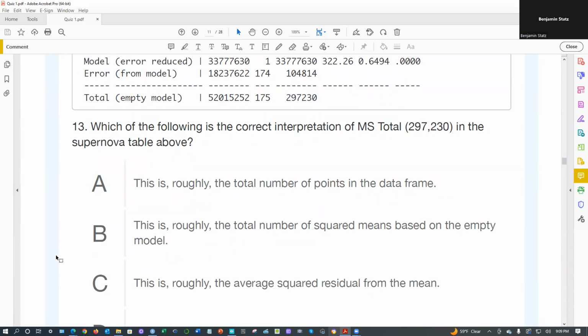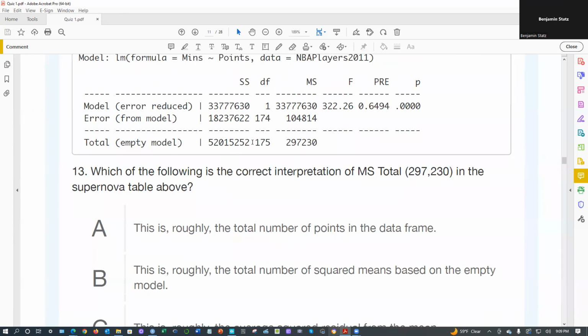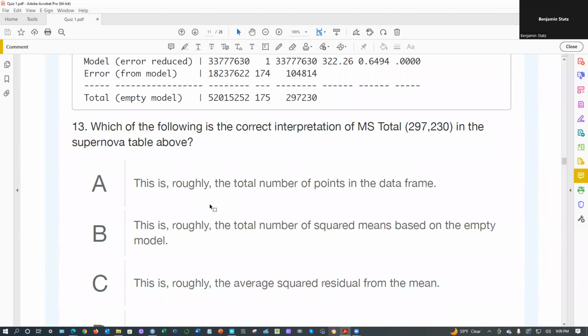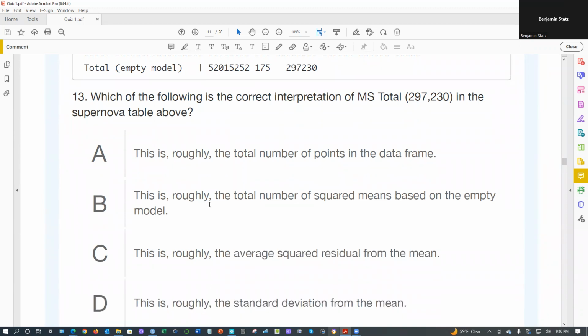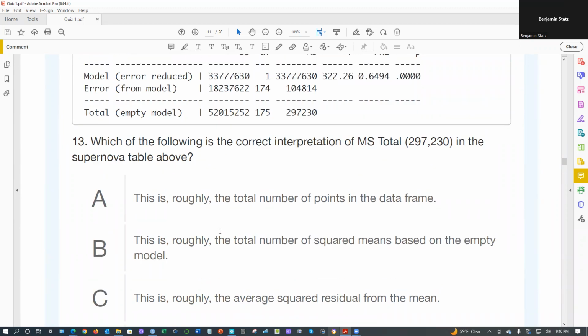No. This is roughly the average squared residual from the mean. Sum of squared residual from the mean. Which mean? The empty model. Which mean? The mean of y, y bar.